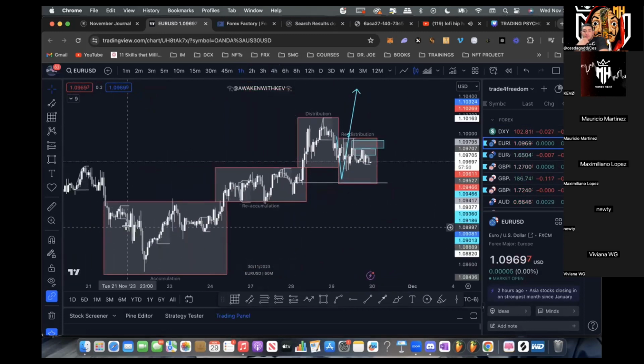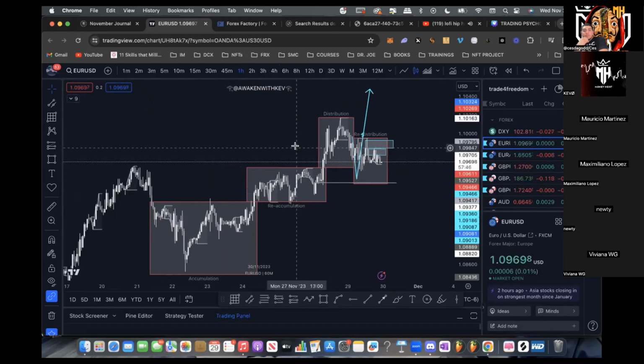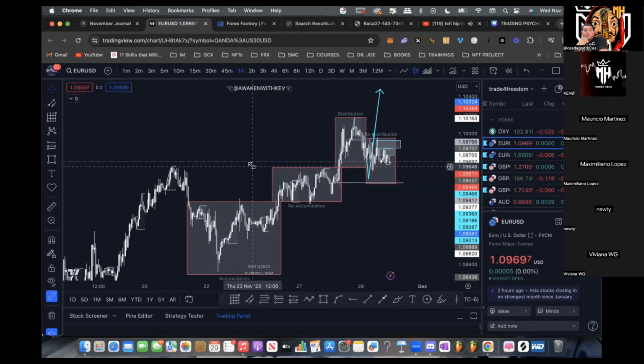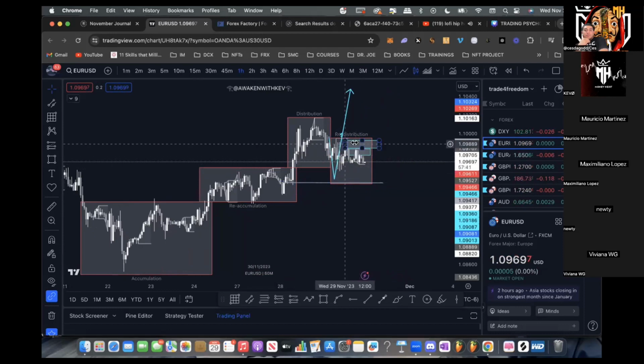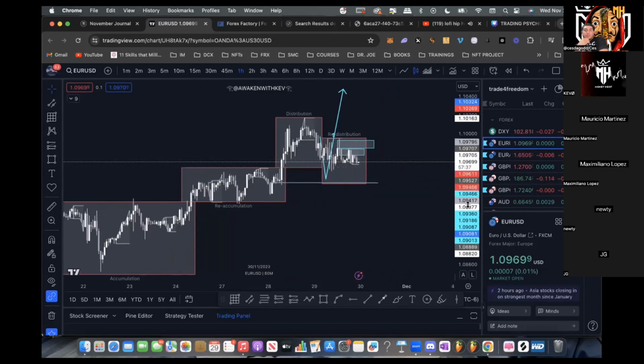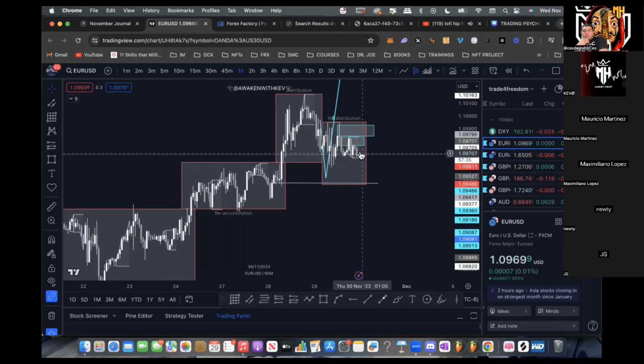To me, we were accumulating, we reaccumulated. We had a distribution right here after taking out this high. And then I think we're starting to see some redistribution right now. It's kind of your sign of weakness, almost like an LPS type thing.